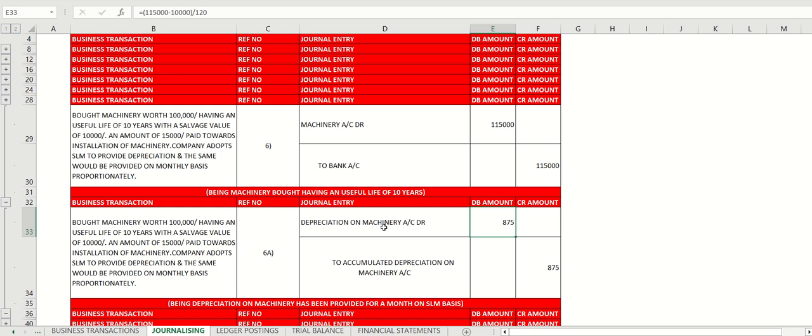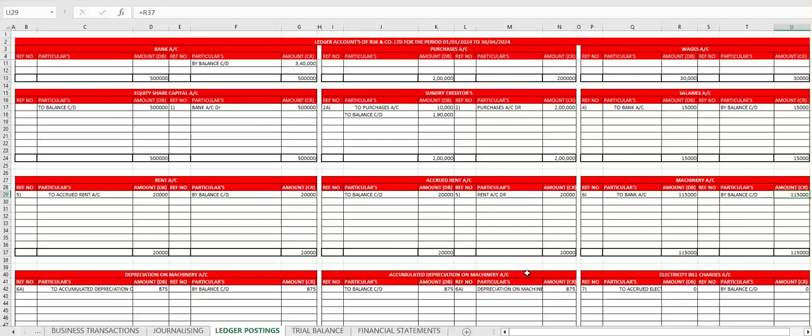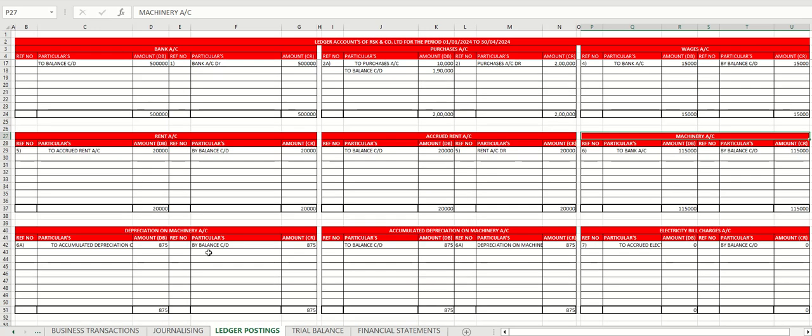Now let's move to the third phase of the accounting cycle, which is the ledger creation or postings phase. So which accounts are we supposed to create? One is the depreciation on machinery account, and the other one is the accumulated depreciation on machinery account. The first one is the machinery account, which I have already explained. Depreciation on machinery account: to accumulated depreciation account, 875, and whatever the balance is there needs to be carried forward.